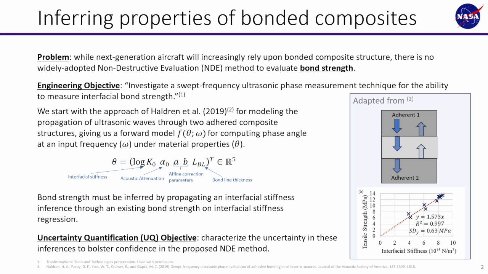And so there's this extra dimension of how can we go from interfacial stiffness to tensile strength or bond strength through an existing linear regression between those two variables. So on a high level, the UQ objective is to characterize the uncertainty in these inferences to bolster confidence in the proposed NDE procedure. And that's what we're going to talk about today.